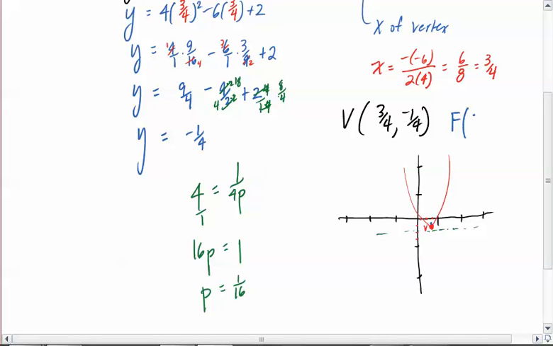So we know we have to go over 3/4, right? Now the question is, if this vertex is at -1/4, what's not quite a fourth down? We want a 16th shy of that. A 16th, right? So it's like we want to take away a 16th. We don't want to get that far. So watch this. We're going to go -1/4 plus a 16th.